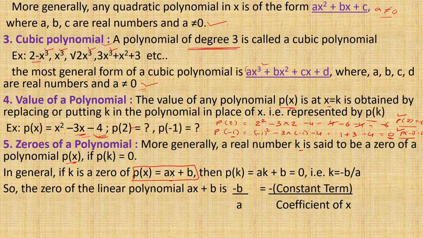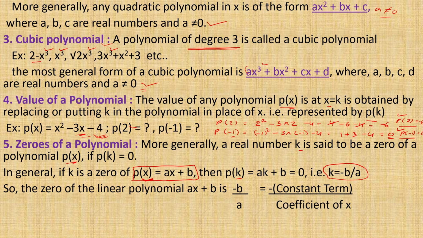Now I need to calculate what is 0 of this p of x. To calculate 0 of p of x, we need a value k where ak plus b is equal to 0. That is p of k is equal to 0. The value of p of x at k is equal to 0, then we will obtain 0 of the polynomial. So ak plus b is equal to 0, that is k is equal to minus b by a.